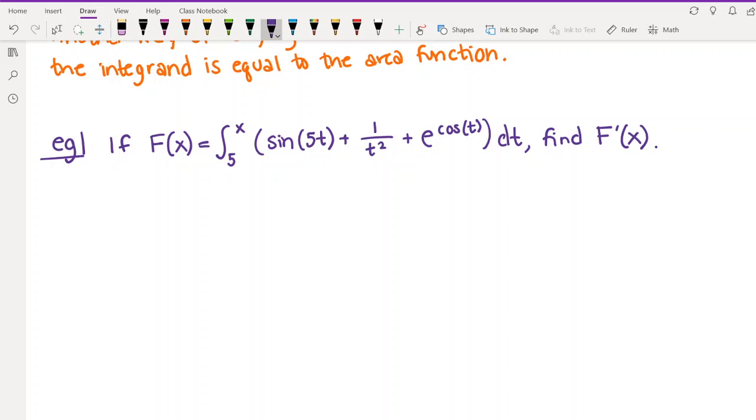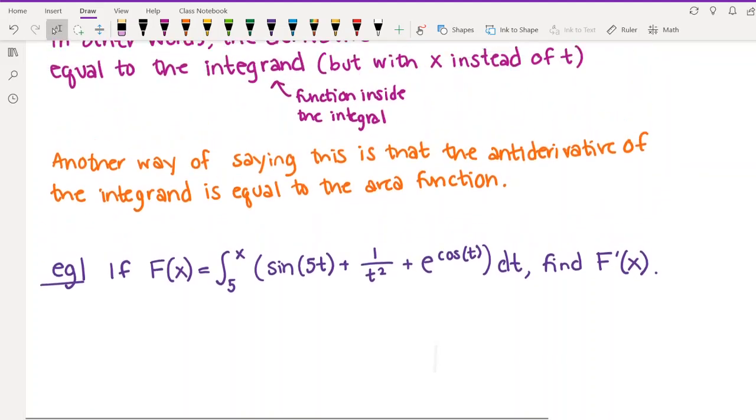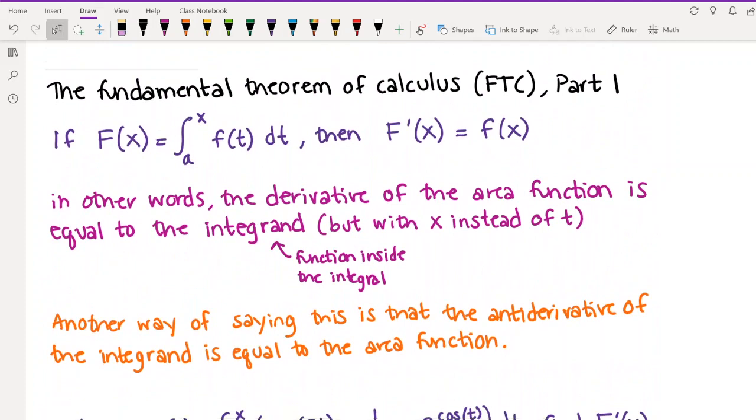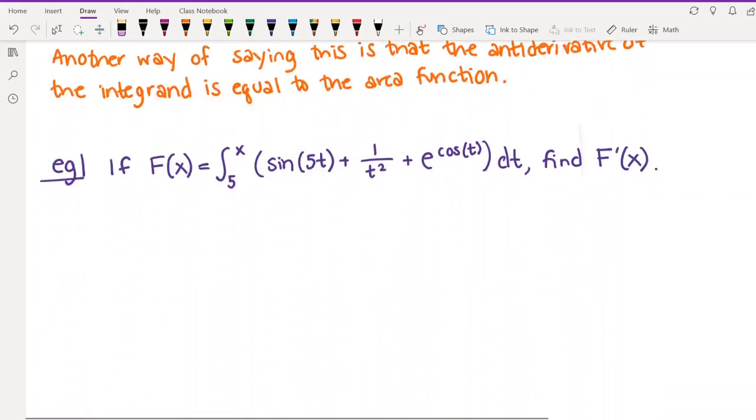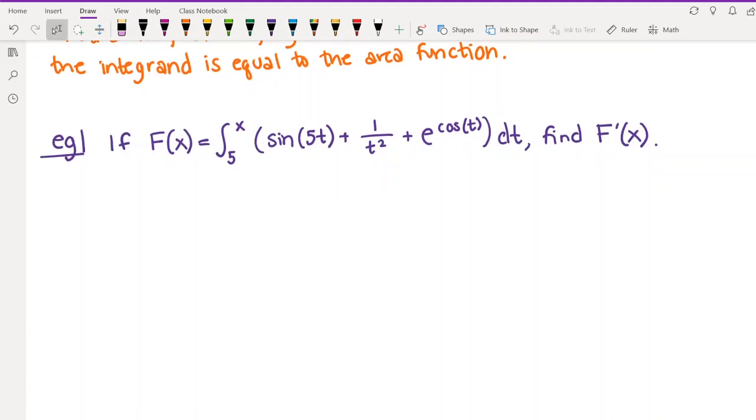You might look at this and start to try to do something. If you've taken Calc 2 before, you might have some idea of how you would go about evaluating this integral. That is not what you're supposed to do in this problem. All you have to do is go back to what FTC tells you. FTC tells you that the derivative of the area function is going to be equal to the integrand, the thing inside of the function. So all we have to do is take that function on the inside and replace the t's with x's.